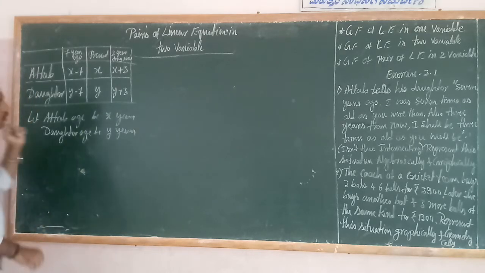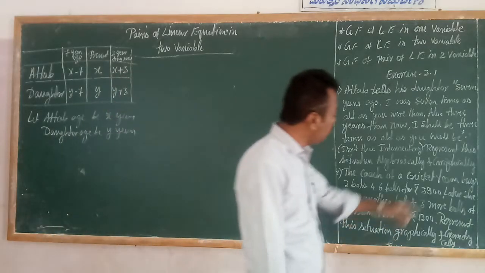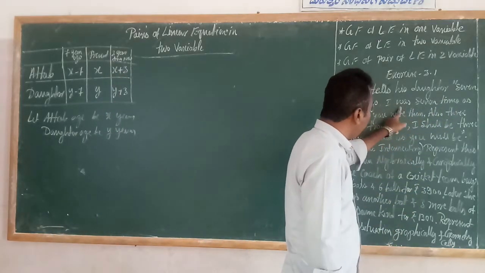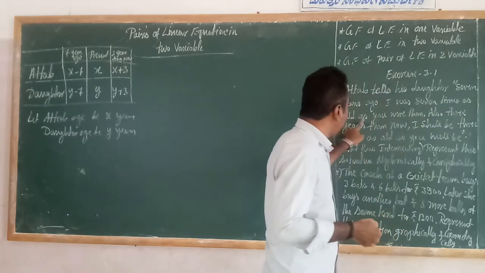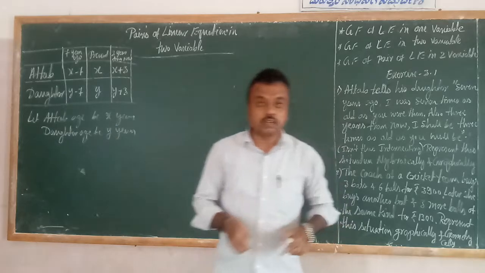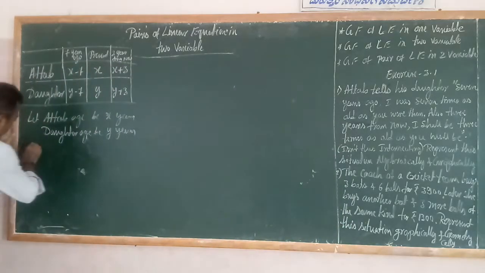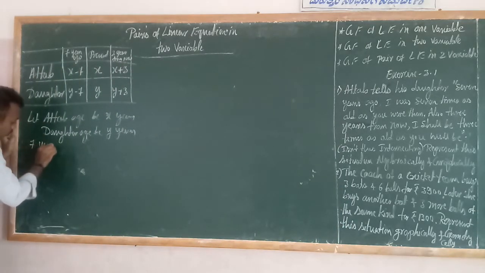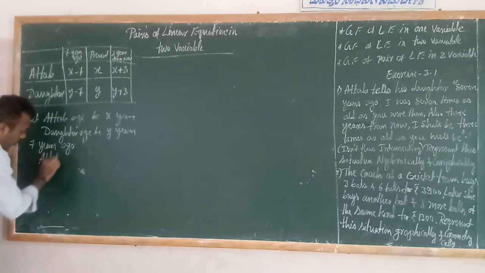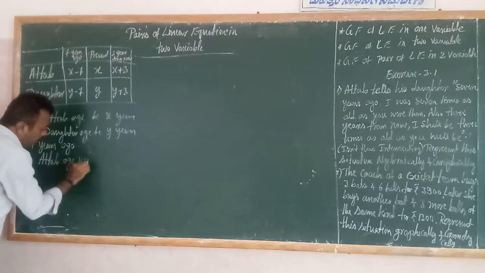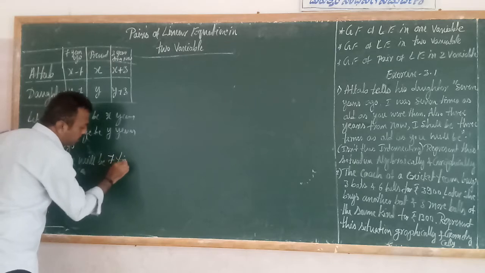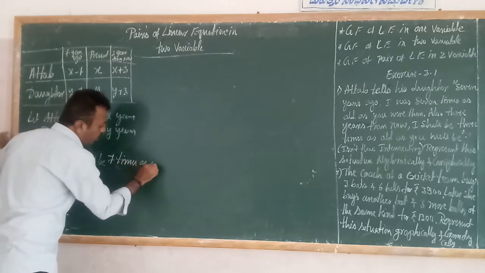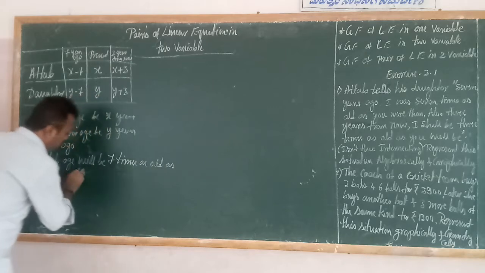Now what is the first condition? There are two conditions. What is the first condition? Seven years ago, I was, meaning Aftab was, 7 times as old as you were then. You were then means the daughter. So 7 years ago, Aftab's age will be 7 times as old as his daughter.